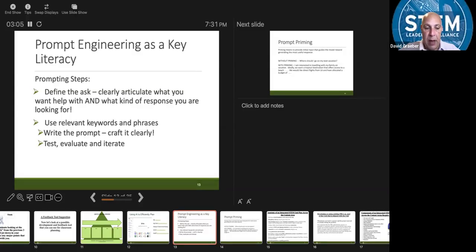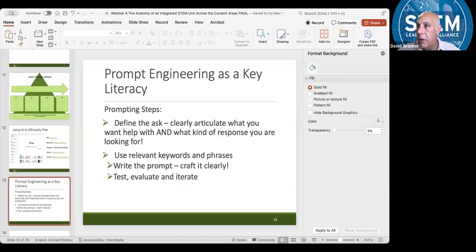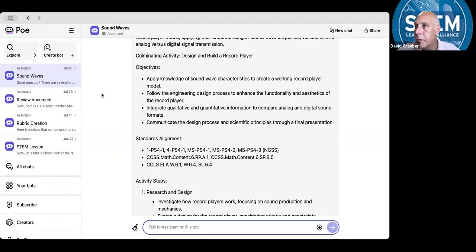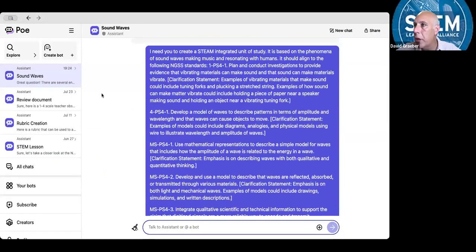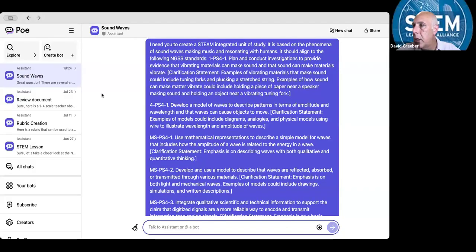Then I'm going to go back out to Poe and show you again, take a look at that first prompt. Look how long this prompt is. It's this chunky. I need you to create a STEAM integrated unit.